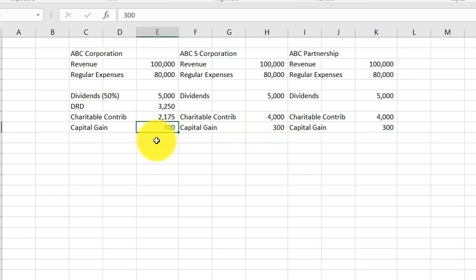So finally, you have in this situation the C corporation. We would calculate the taxable income by using this formula. And then calculate 21% of that.